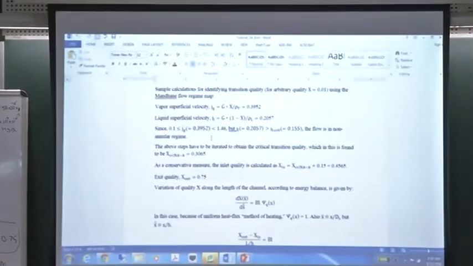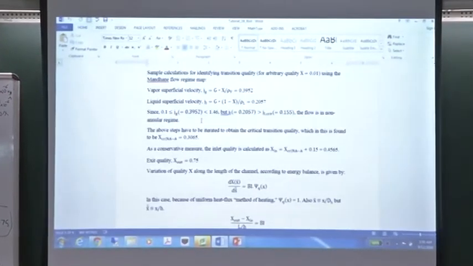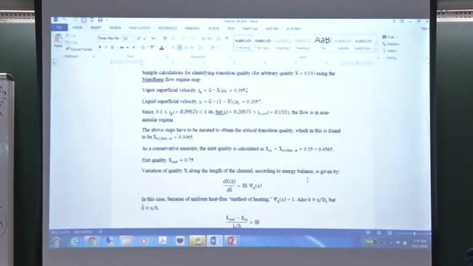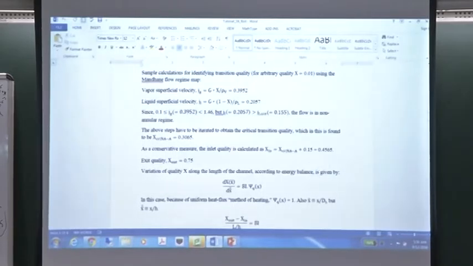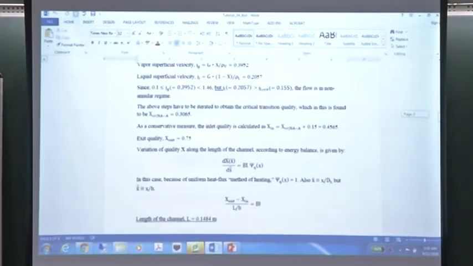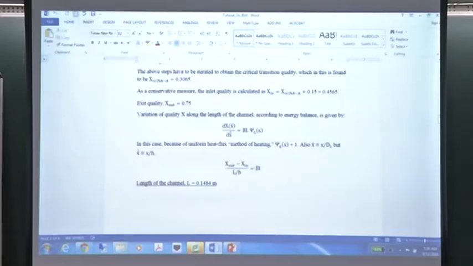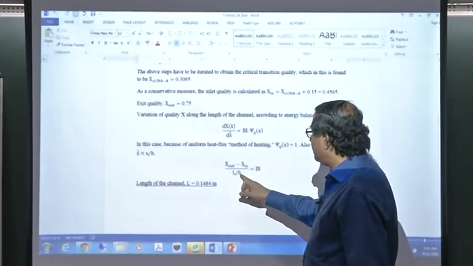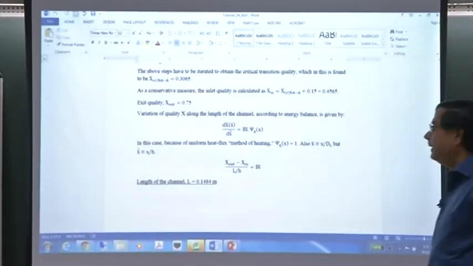So we found that 0.4565 exit quality is X out, and it's a uniform heat flux method of heating. So you know that the quality is a linear variation. So we say X out minus X in, divided by this non-dimensional distance L by H, equals the boiling number.